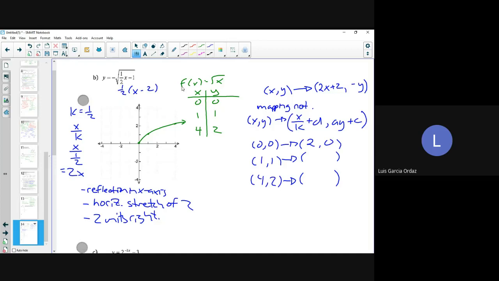If we sub in 1 for x, 2 times 1 plus 2 is 4, and the y value is -1. If we sub in 4 for x, 2 times 4 plus 2 is 10.